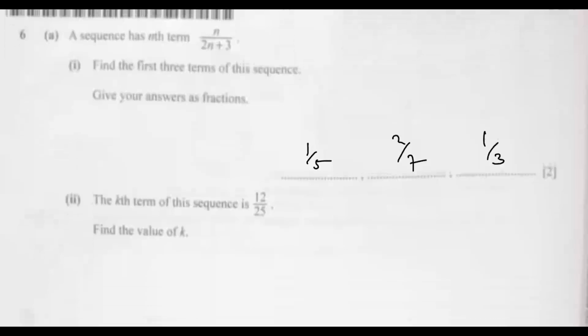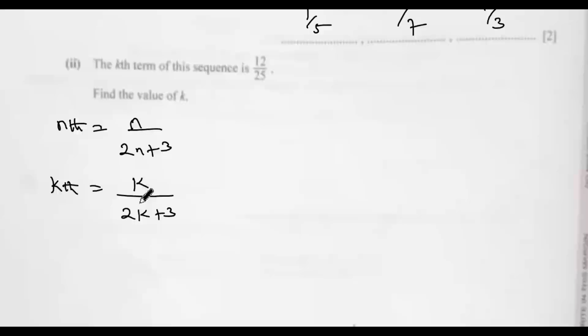For part two, the kth term of this sequence is 12 over 25. The nth term is given as n over 2n plus 3. So for the kth term, we need to substitute k. It will now be k over 2k plus 3.